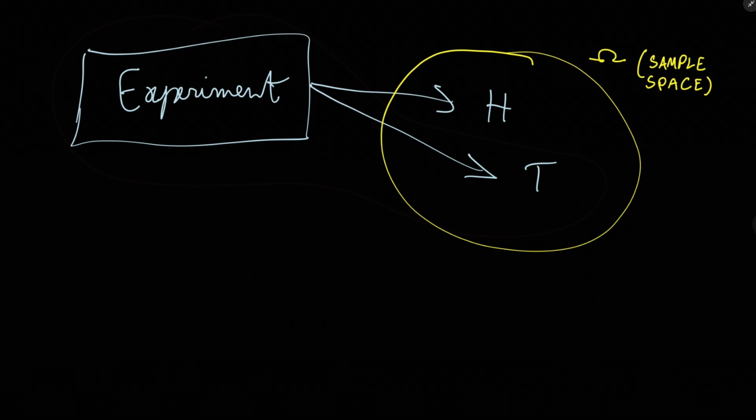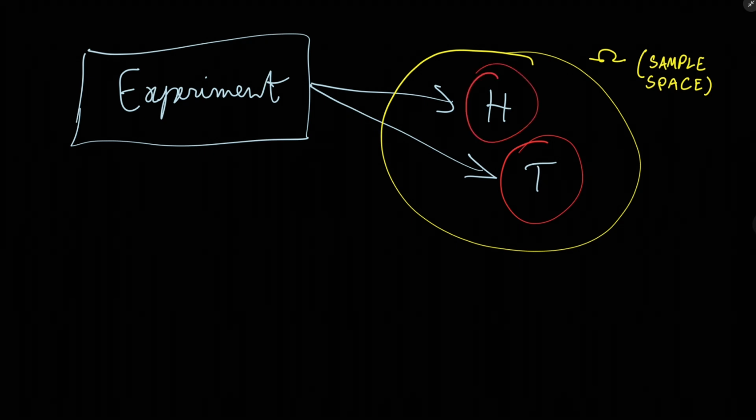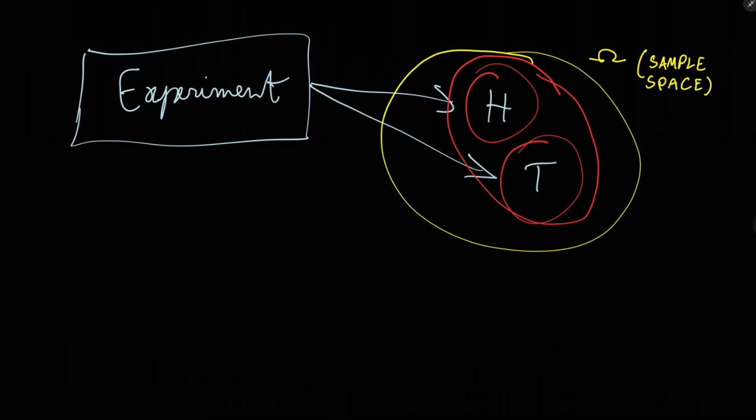Whenever you toss a coin, you will only get heads or you will only get tails. But the event may be a set with more than one element. So in our example, we can have a subset with only tails, a subset with only heads, a subset with heads and tails, and we can also have an empty set.